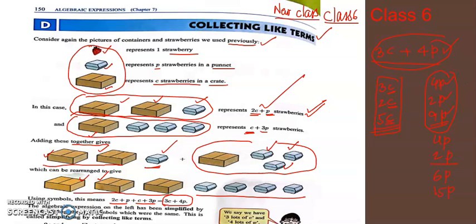So since they are like terms, they can be added at one place, and these are the other set of like terms. So if you add them, 3, 2, 5 and 5, 10C. I hope you understood. That is why we are collecting like terms and then we add them. That is why it is written here, collecting like terms.